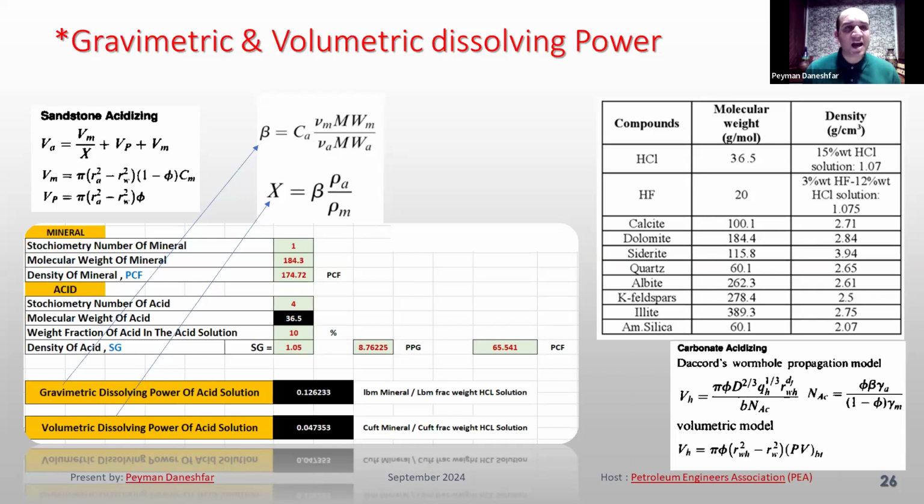In the volumetric, we have a PV per volume that we can find with the core flooding, and we have a lot of formulas about this parameter that we can use to find the volume of the acid in carbonate formations. Calculating the volume of the acid in sandstone is easy, but in carbonate it is very difficult, more difficult than sandstone.